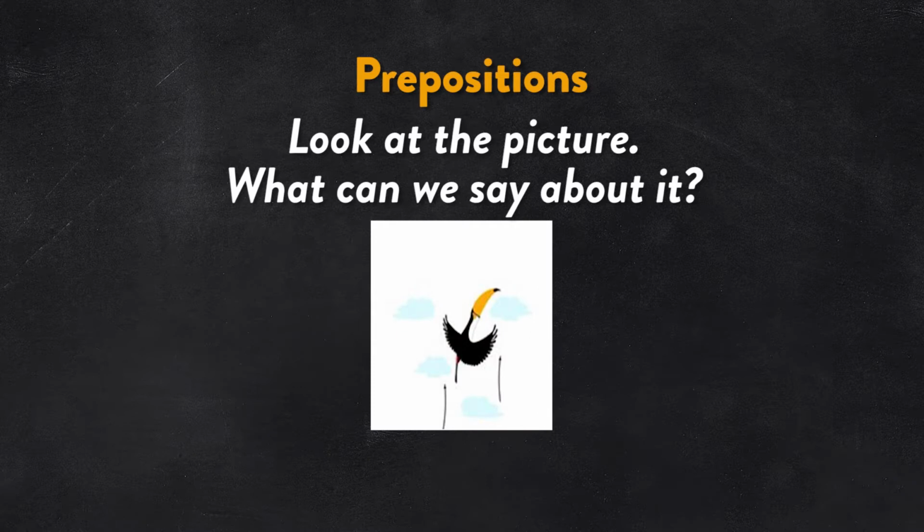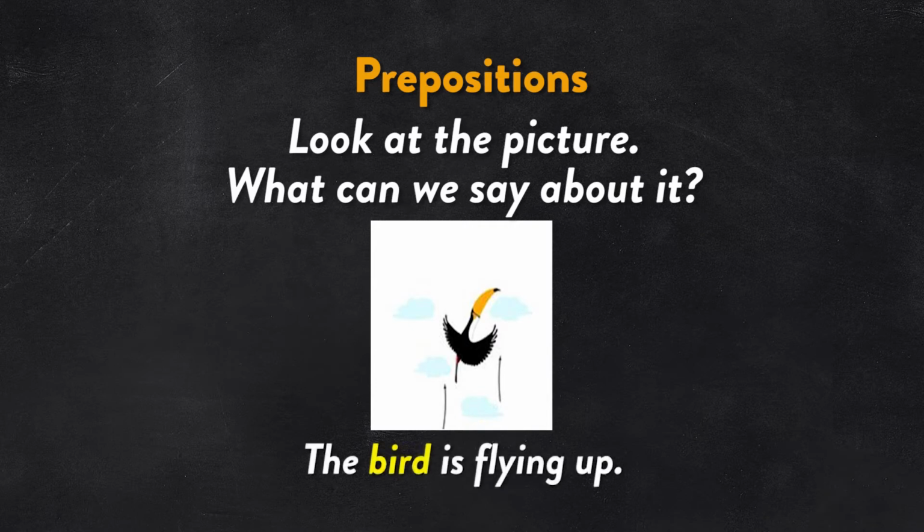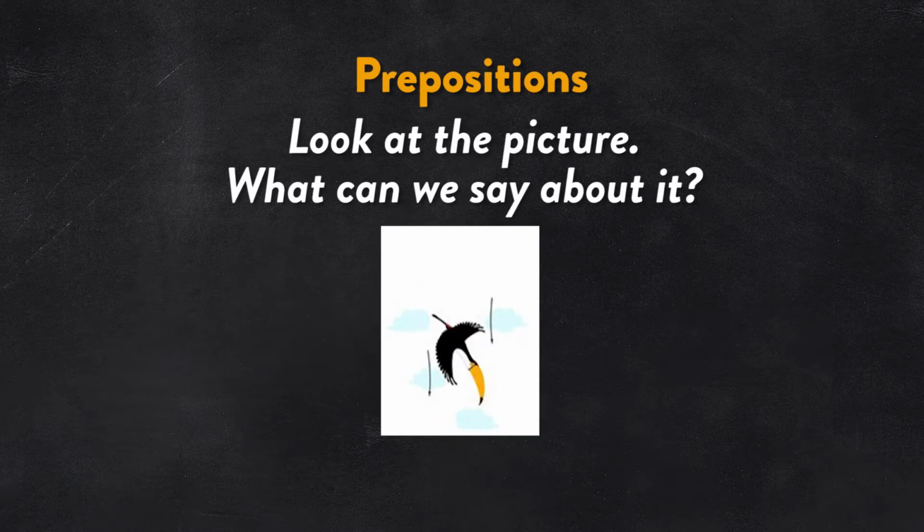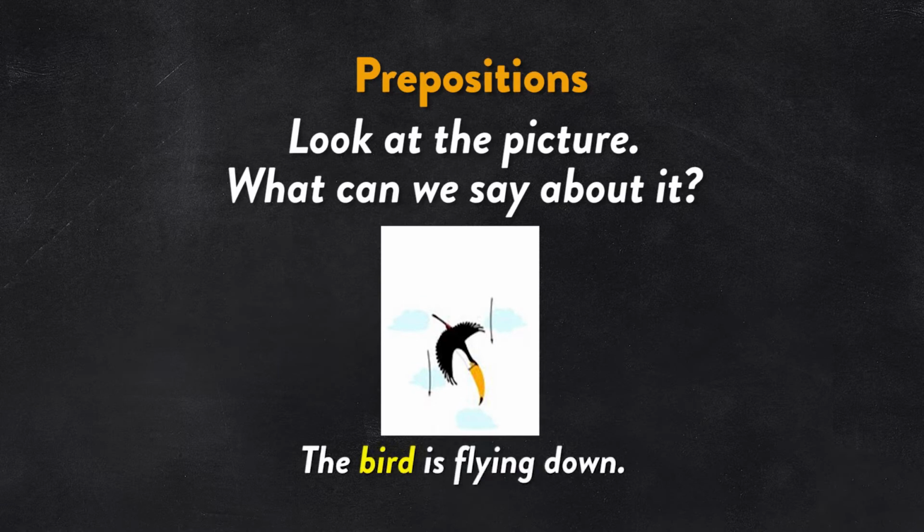Then, if you look at the third picture, if you look carefully, you will see there are arrows pointing upwards. So where is the bird flying? He's flying up in the sky. And the fourth picture, what can we say about that one? The arrows are pointing downwards, so we can say the bird is flying down.